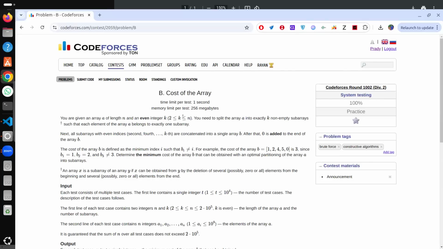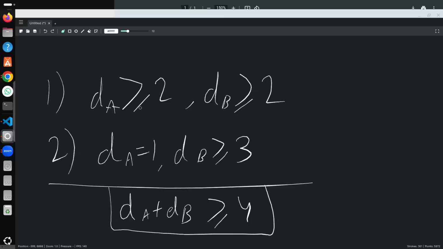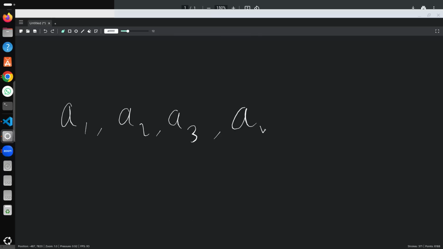So we have been given an array A. Let's say we have A1, A2 up to AN: A1, A2, A3, A4, A5. And an integer k we have been given, and we need to divide these.